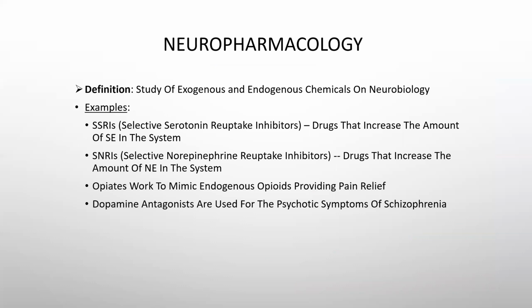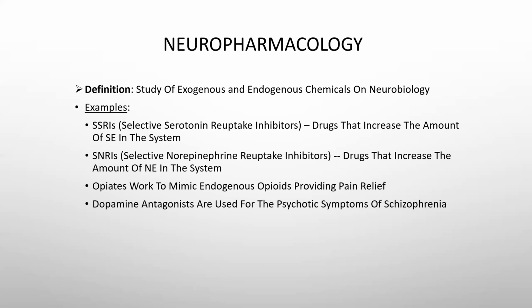Some examples: you might be familiar with the SSRIs. These are selective serotonin reuptake inhibitors, drugs that increase the amount of serotonin in the system. And think about the terminology here, guys. Selective means they only act on serotonin. That is a major, major accomplishment for neuropharmacology, being selective.